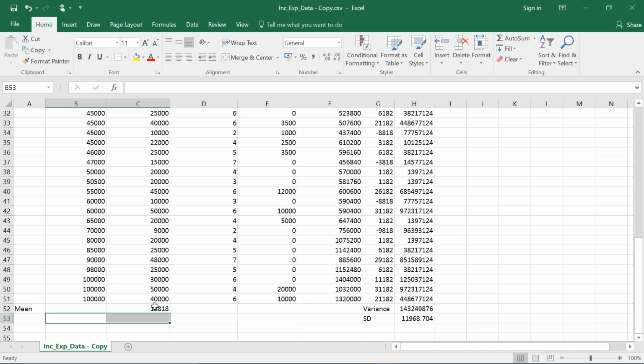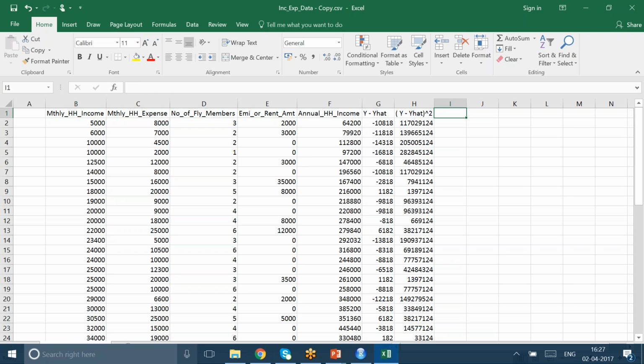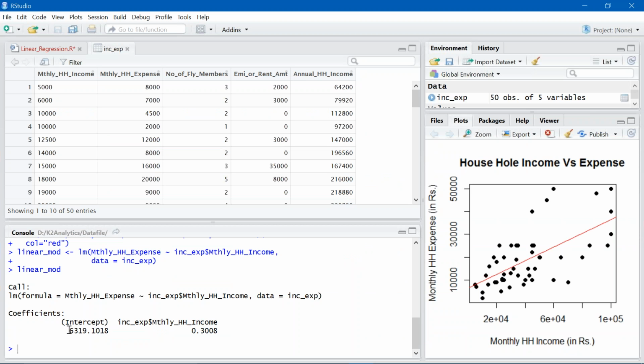Okay, now this is my standard deviation. If I know income, can I predict the expense? Yes. What is the equation that we got for that expense? This was the equation, 6319 plus 0.3008.